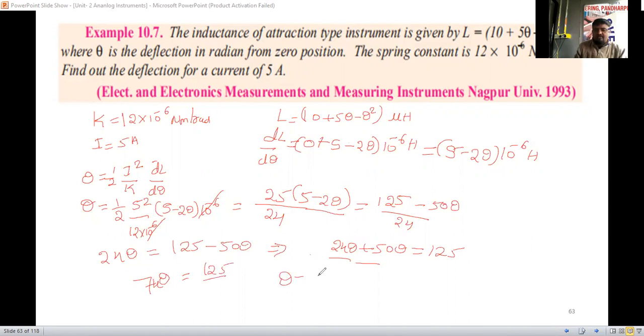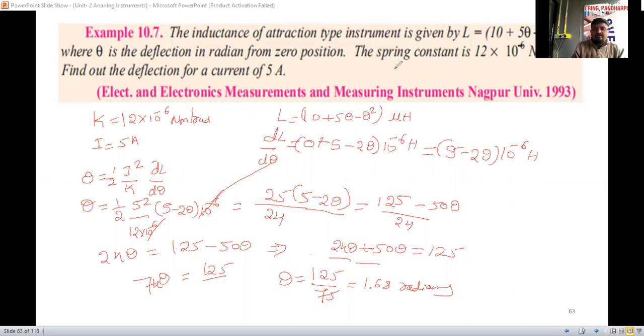So theta equals 125 divided by 74, which is 1.68 radians.